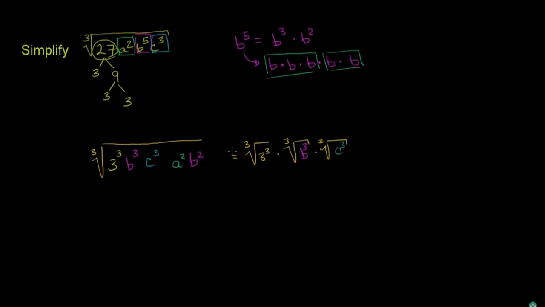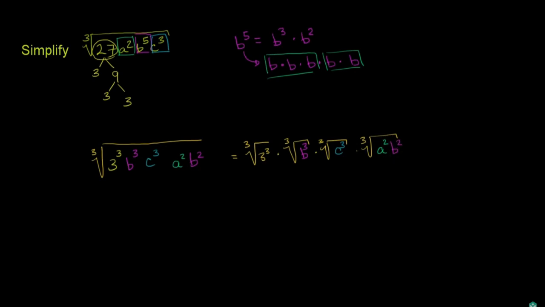And I'll just group these two together because we're not going to be able to simplify it anymore. Times the cube root of a squared b squared. I'll keep the colors consistent while we're trying to figure out what's what. I could have said that this is times the cube root of a squared times the cube root of b squared, but that won't simplify anything. So I'll just leave these like this.